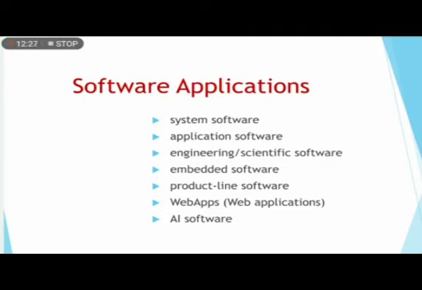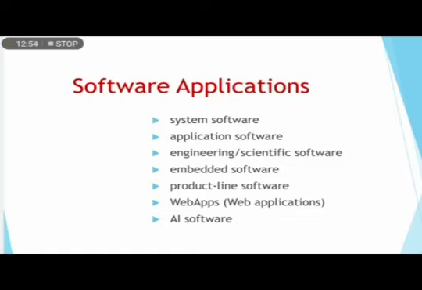Next one is engineering or scientific software. The number crunching algorithm, engineering and scientific software applications range from astronomy to volcanology, from automotive stress analysis to space shuttle orbital dynamics, and from molecular biology to automated manufacturing.